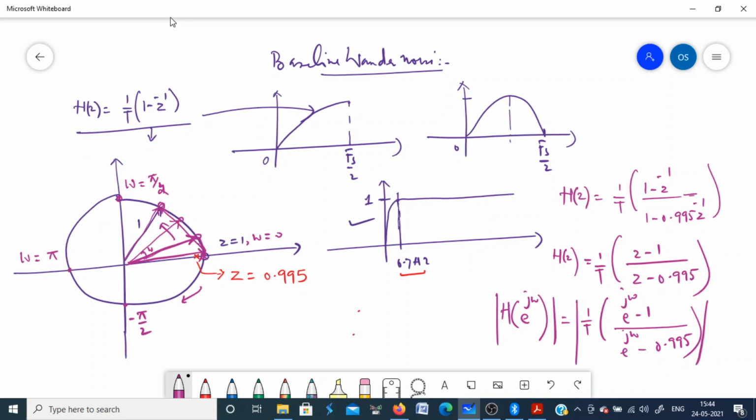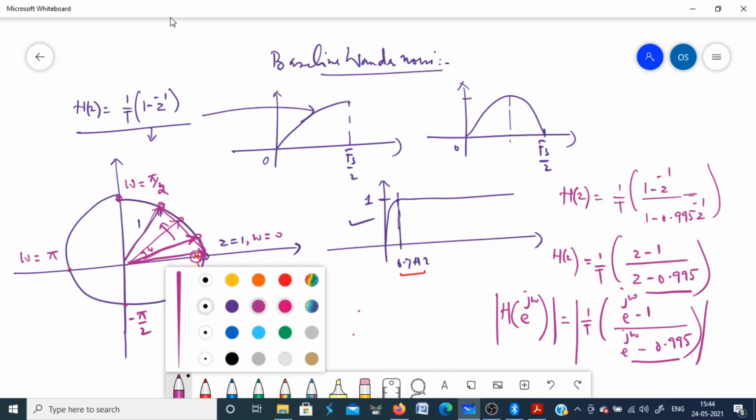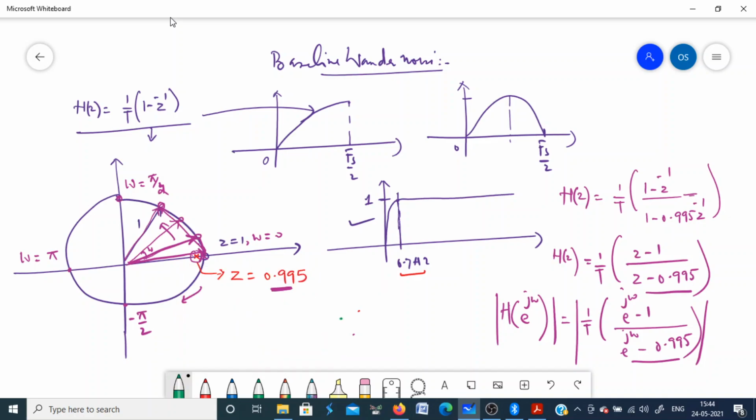Now since we have placed a pole which is very close to the unit circle, at 0.995, z minus 0.995, or e raised to power j omega minus 0.995, is now the distance between the point on the unit circle and this pole. So in one case, if the point is here, this is my distance.